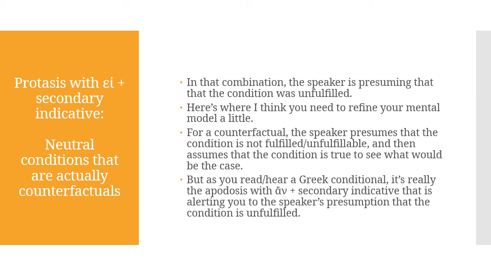But here's what I think refines our mental model a bit. For a counterfactual, the speaker presumes that the condition is not fulfilled or is unfulfillable, and then assumes that the condition is true to see what would be the case. But as you read or hear a Greek conditional, it's really the apodosis with an and then the secondary indicative that is alerting you to the speaker's presumption that the condition is unfulfilled.